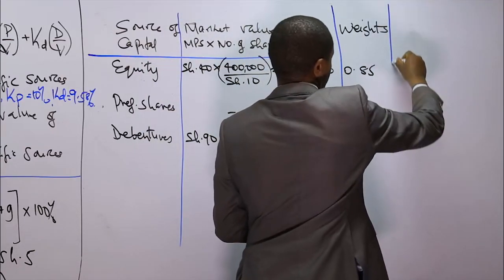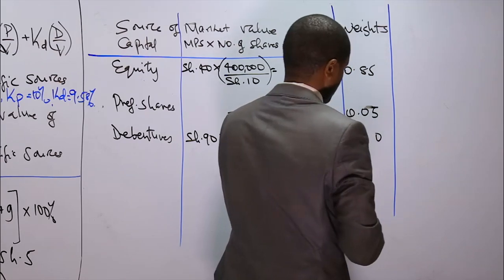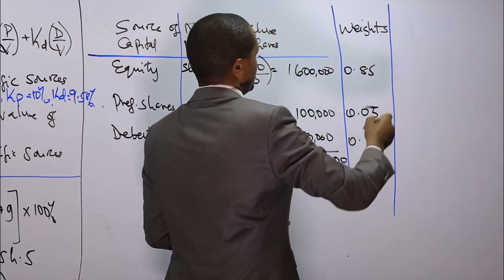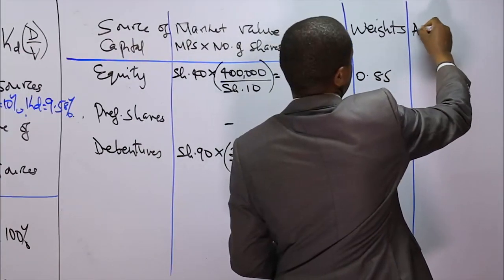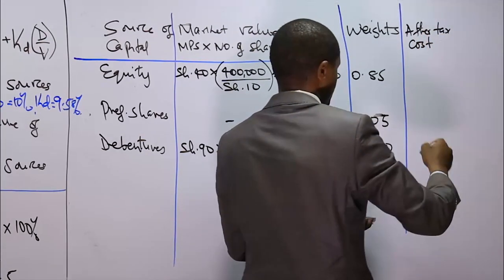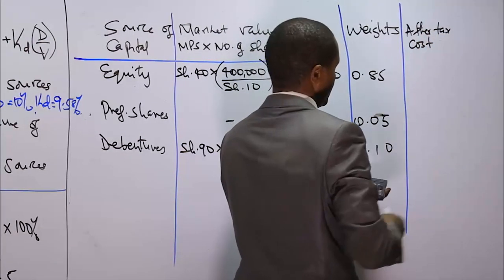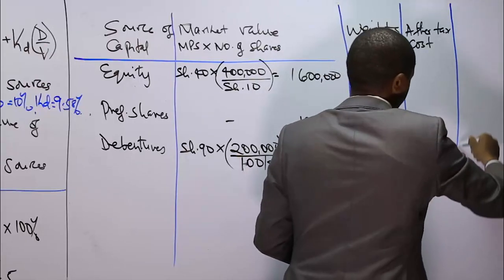Then of course we need another column for the after-tax cost of the specific sources, which we had obtained in our first step.